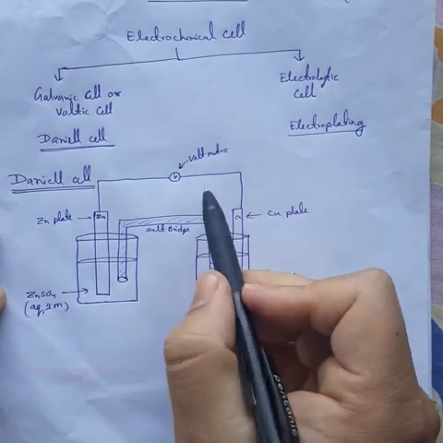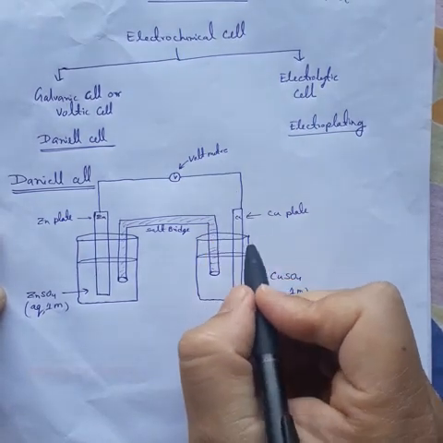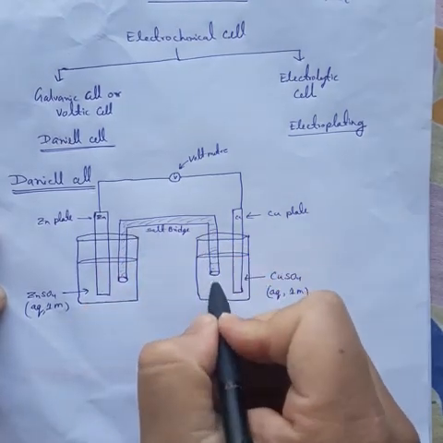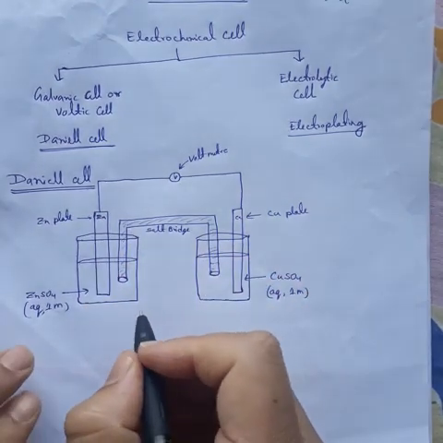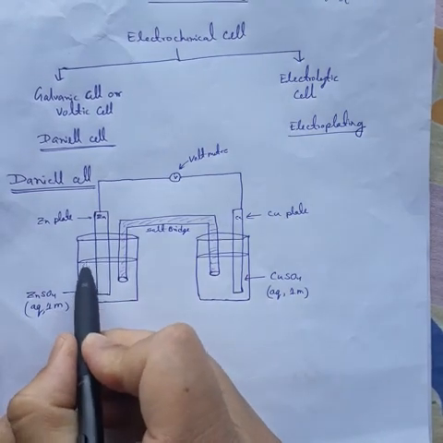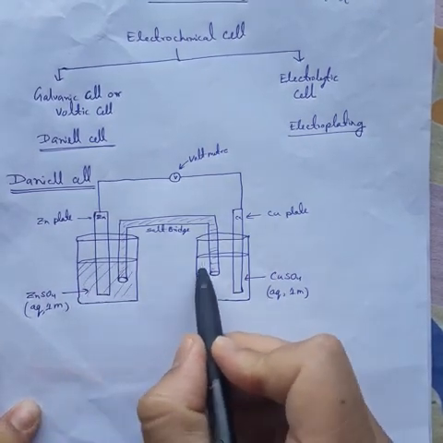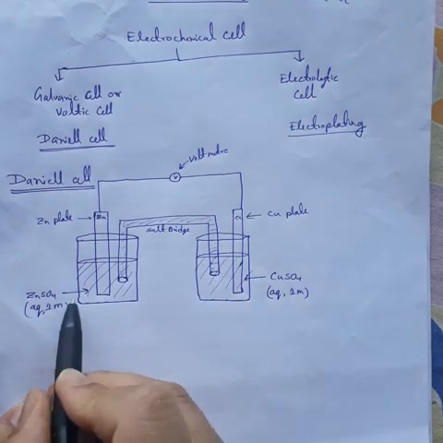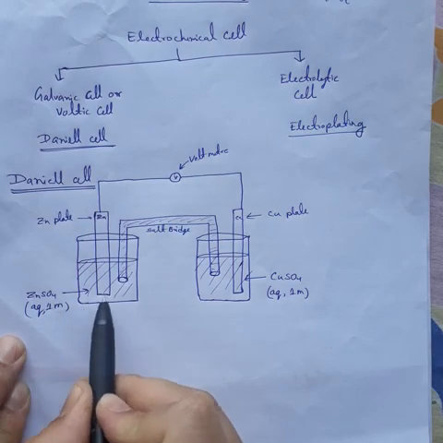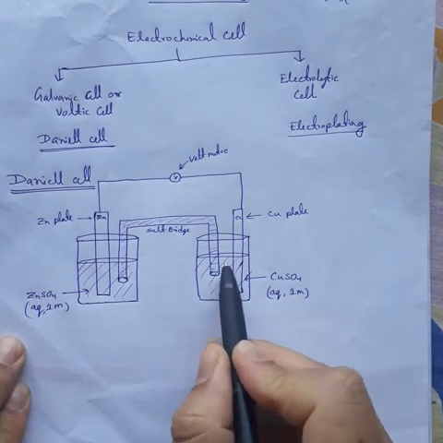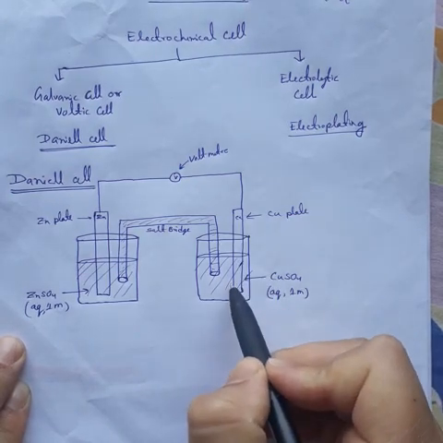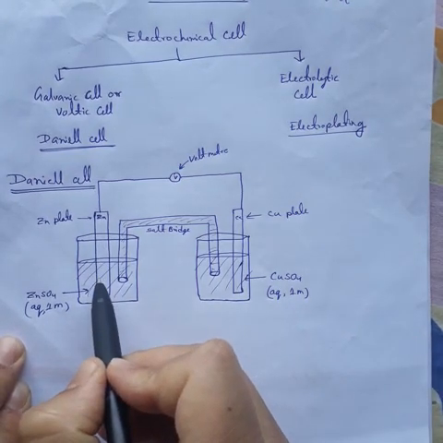So voltmeter, copper plate, and this is a salt bridge. Remember, the cell has zinc sulfate solution of 1 molar concentration and copper sulfate solution of 1 molar concentration. The copper plate is dipped in copper sulfate, and zinc is dipped in zinc sulfate.